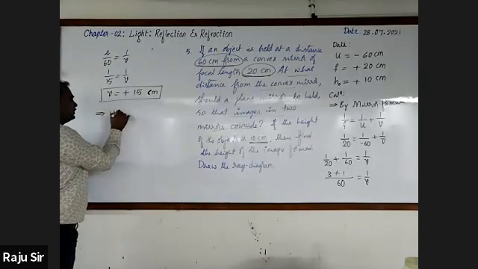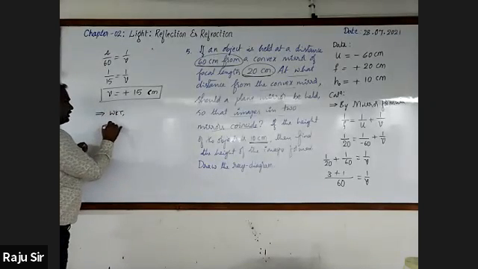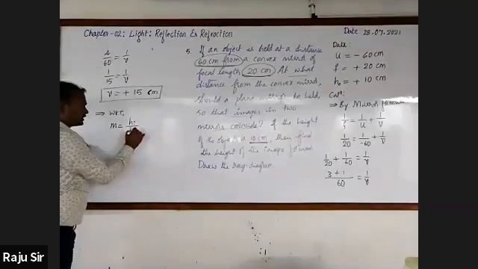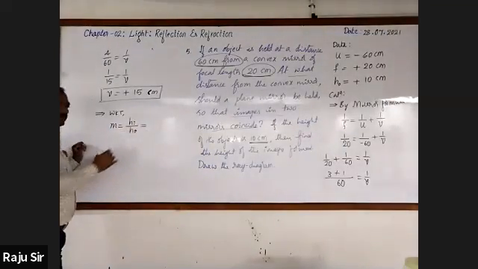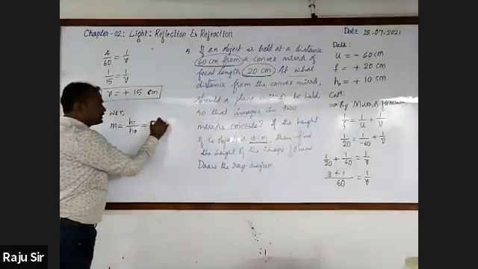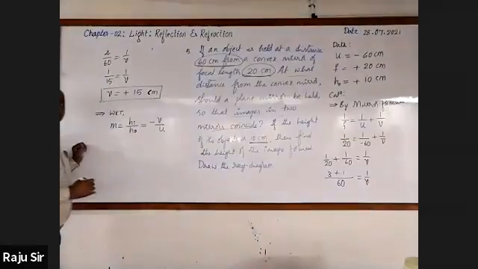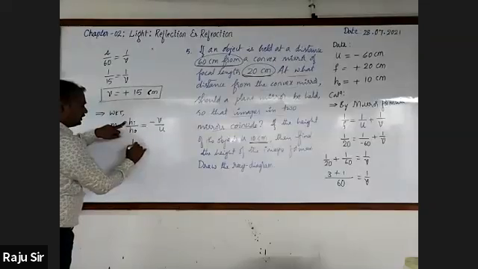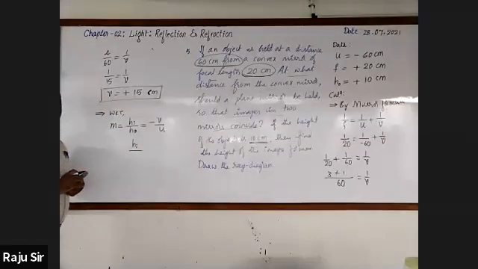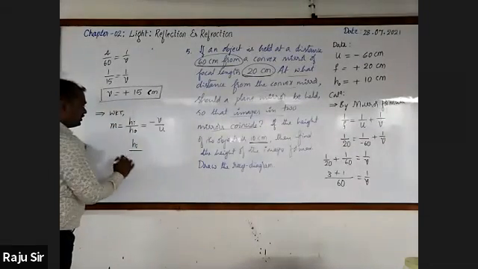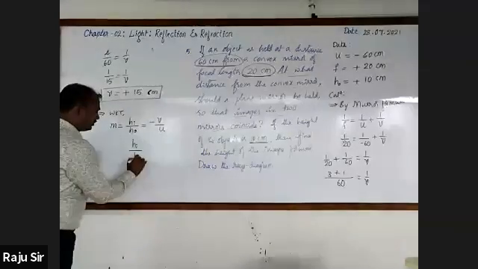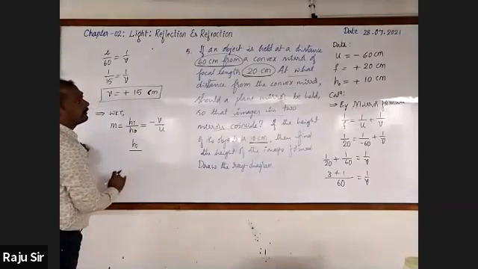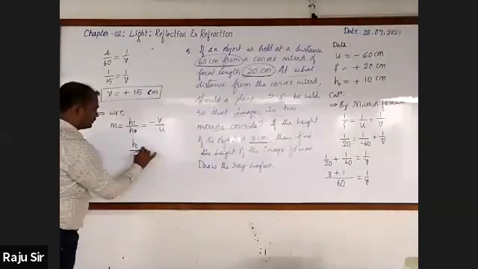We all know that magnification is equal to hi by h0, which is also equal to minus v by u. We want the height of the image, so let me write it as hi. The height of the object is known. It is 10 centimeter.